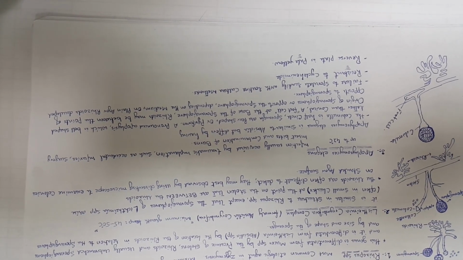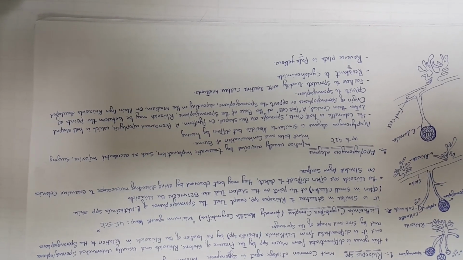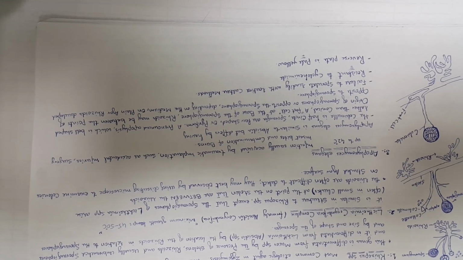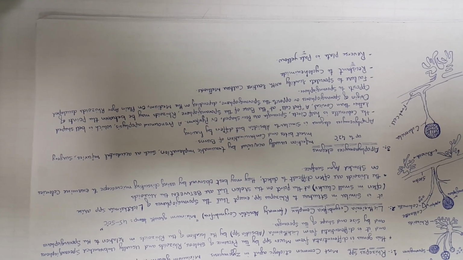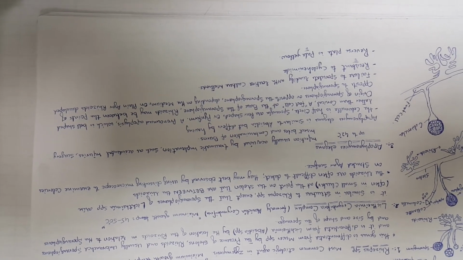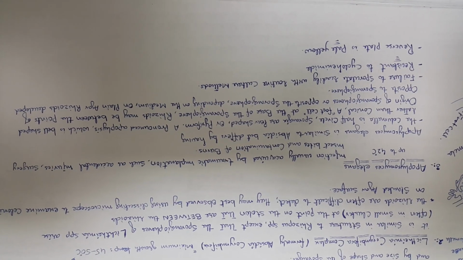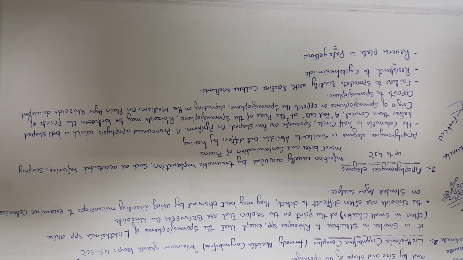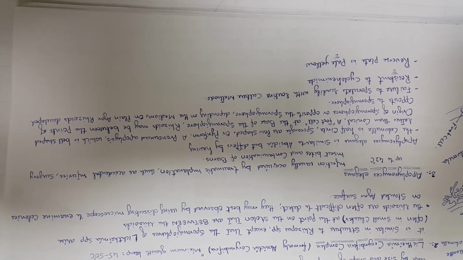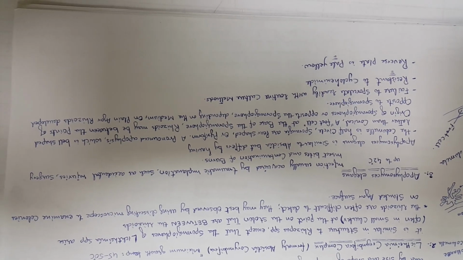It is similar to Absidia or Lichtheimia, but differs by having a half-circle columella, pear-shaped or piriform sporangia, a pronounced apophysis which is bell-shaped rather than conical, a foot cell at the base of the sporangiophore, and rhizoids that may be between the points of origin of the sporangiophore or opposite the sporangiophore, depending on the medium.